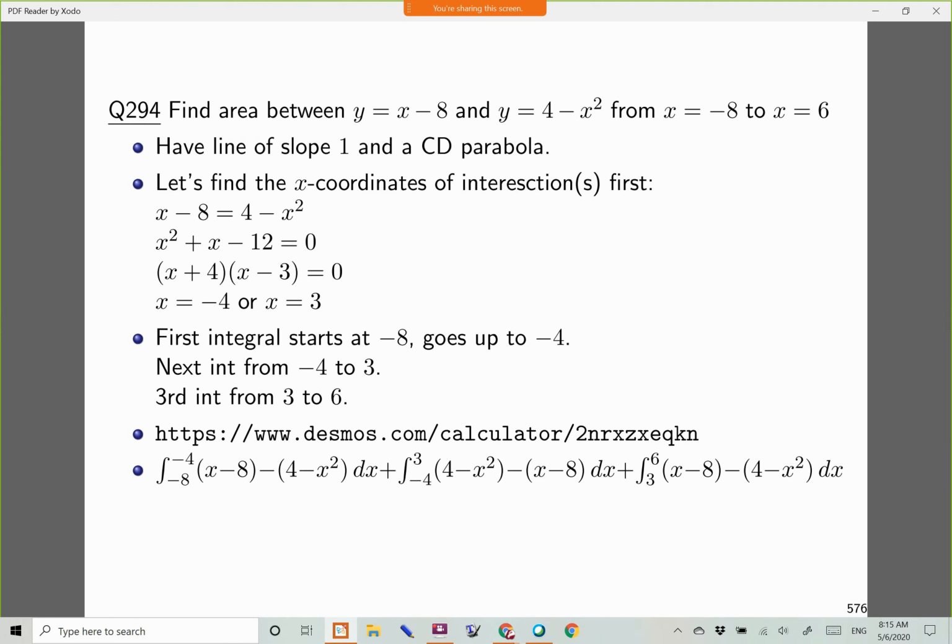Sometimes that's unavoidable, like with optimization, but for problems like these, for the answer, I'm going to say it's just this. Some people, depending on the expectations of the professor, might say you have to do the integrals and get down to a number. Of course it could be done, but these are just annoying, in my opinion.